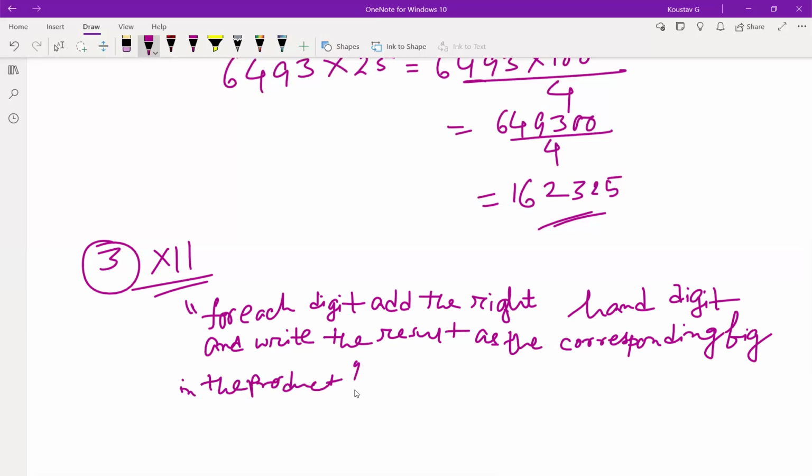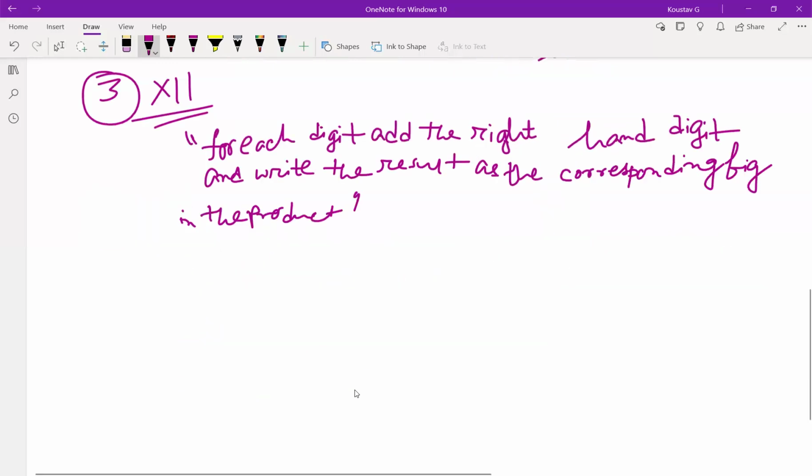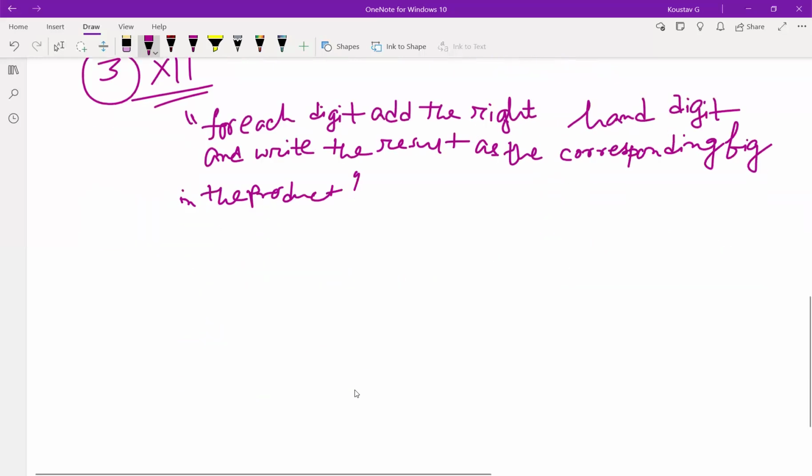Okay, so for each digit, add the right-hand digit and write the result as the corresponding figure in the product. Is that clear?